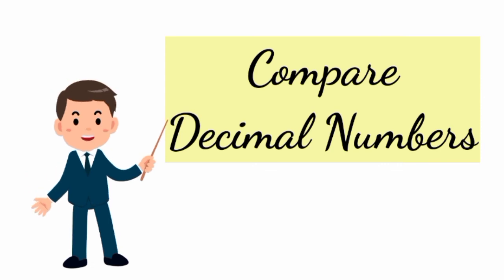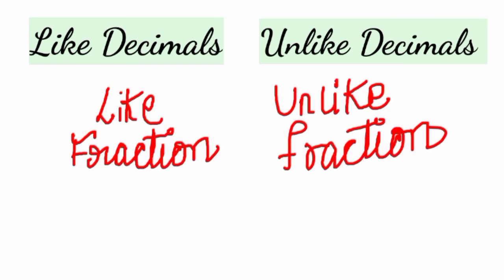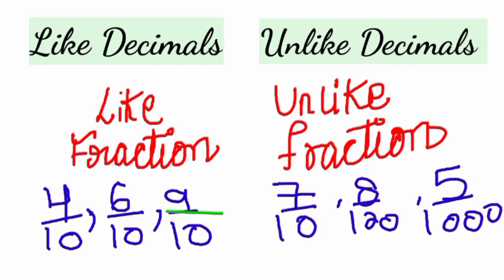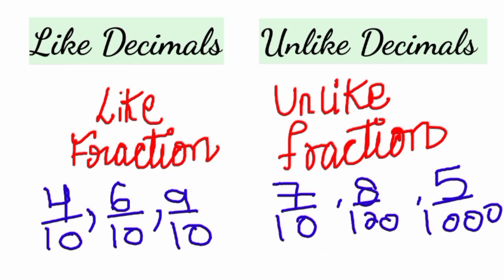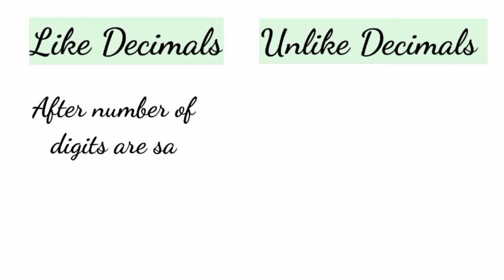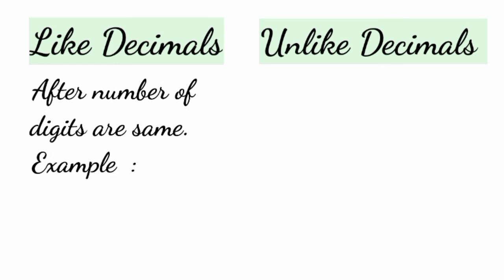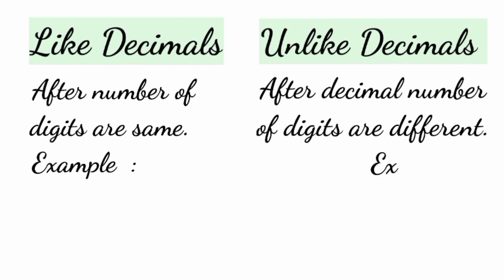But before starting with the comparison, firstly know about the terms like decimals and unlike decimals. As you have studied in fractions, like fractions and unlike fractions: in like fractions the denominators were the same, in unlike fractions the denominators were different. Similarly, in like decimals the number of digits after decimal will be the same, and in unlike decimals the number of digits after decimal will be different.